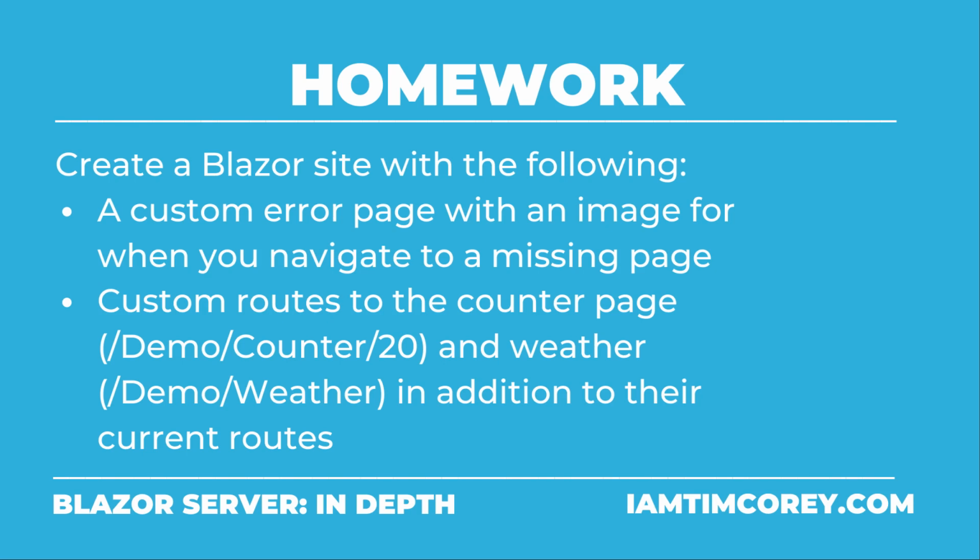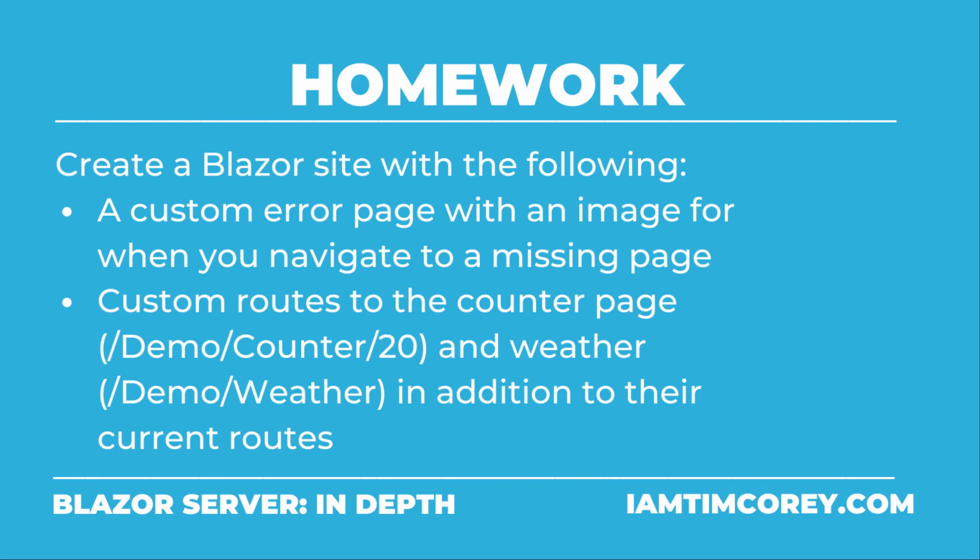So the route is /demo, /counter, / and whatever number you want to put there. Now that number should start the counter out at that number. So by default, the counter starts at 0. But with this custom route, I want you to require that the user give you a number. And if they give you a number, then what's going to happen is you're going to start the counter at that number. And I'll show you how to do that in this section, so don't worry.